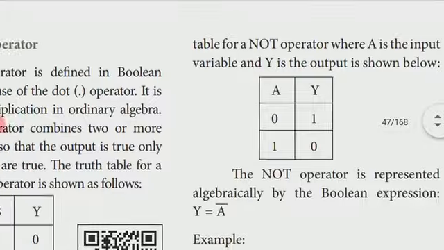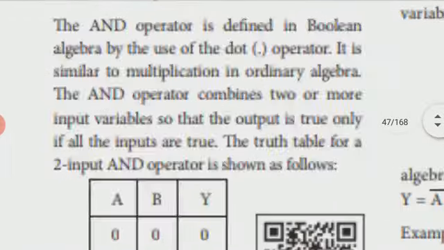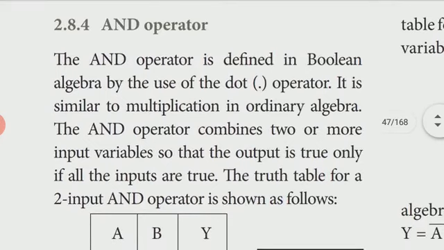First, we are going to see the AND operator. The AND operator is just like multiplication. Just remember it is like multiplication, and the symbol is dot. Here we use 2 or 3 statements.